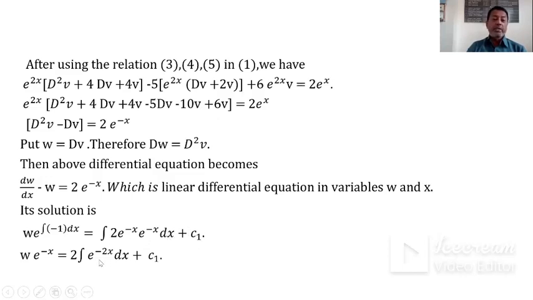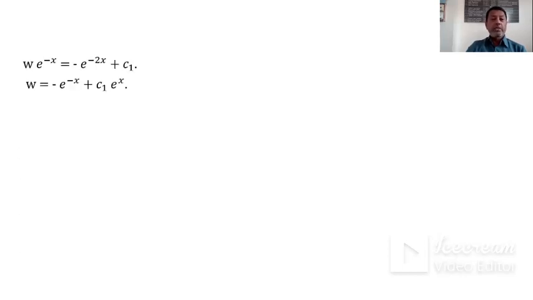Simplify this, we get this. Again, evaluate this integral on the right hand side, we obtain this. And now take e^x to the right hand side, we obtain w equal to this.